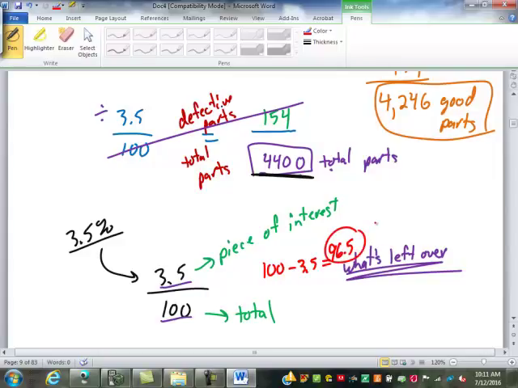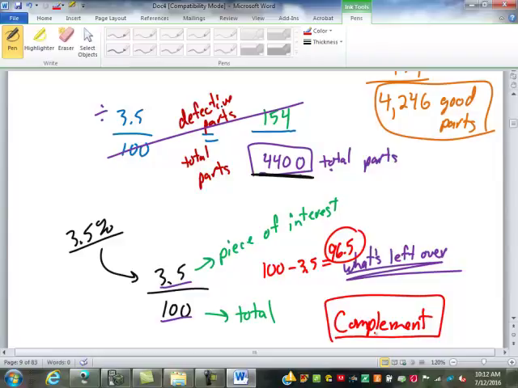Every percent has what's called its complement. Complementary percents. Now, when we dealt with angles, complementary angles added up to a right angle, a square corner. When we're talking about percents, the word complement means it adds up to the whole thing. So the complement of a percent is 100 minus that percent.